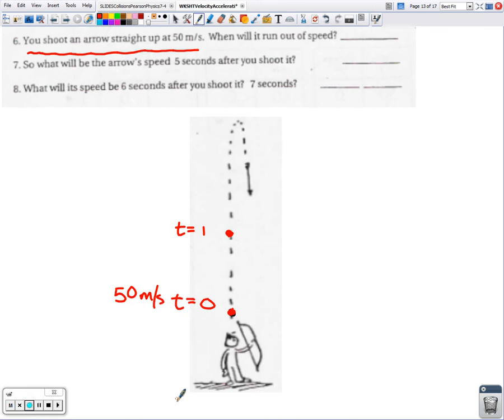But if the arrow is going upward, which way is gravity pulling on it? Downward. So when we say that the velocity changes by 10, specifically it's going to decrease. So after 1 second, now the arrow is only going 40 meters per second.